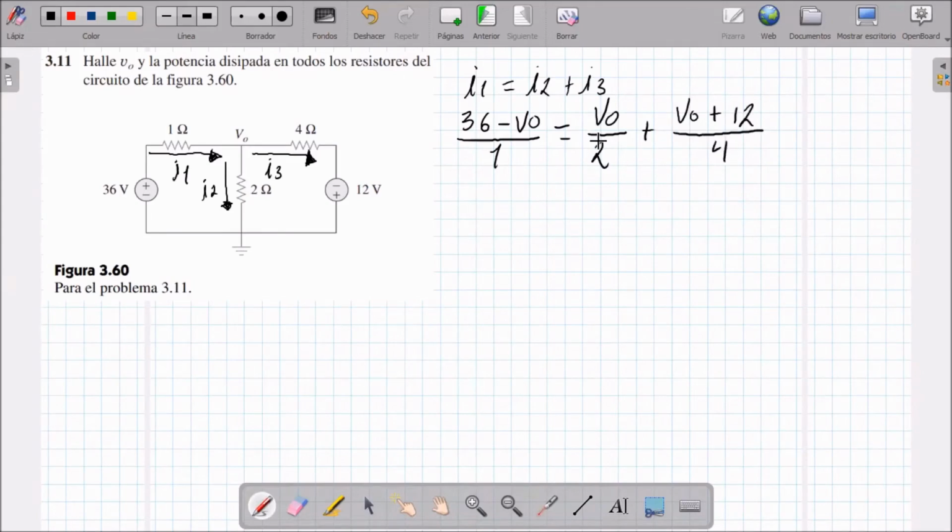Well, then here I'm going to divide. This would be 36 minus V0 over 1 equals V0 over 2, plus V0 over 4, plus 12 divided by 4.